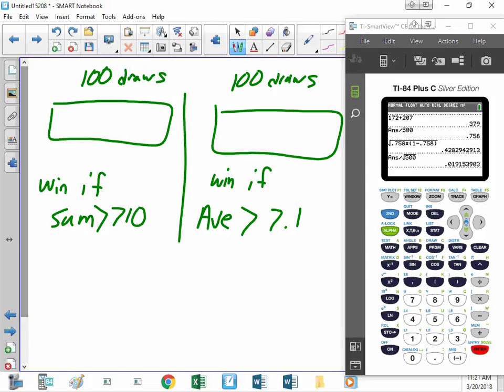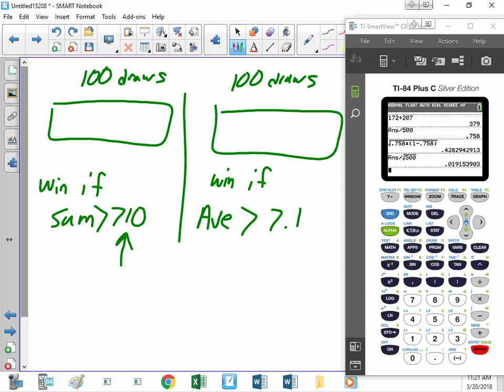Now, what if you do 101 draws? Then the sum would be better. Because if I do more draws, is this number going to change?